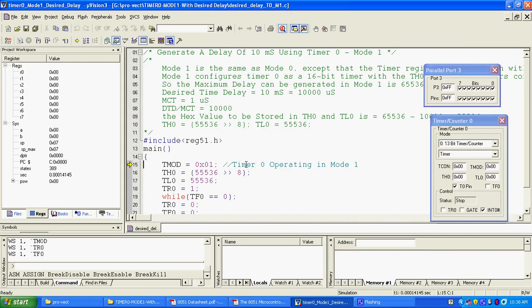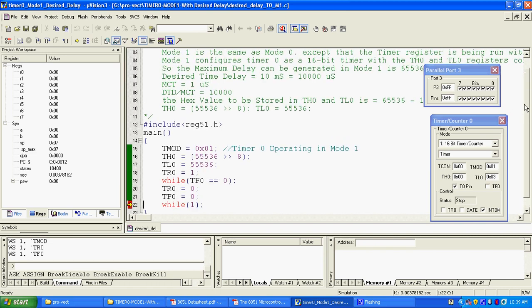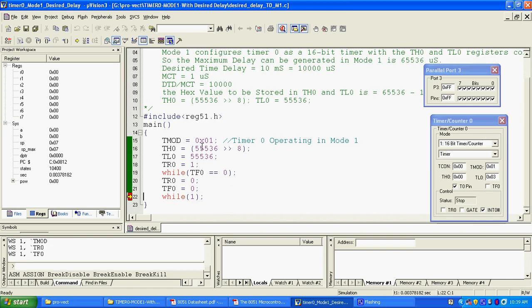Let's debug our code. This was a 13 bit timer counter. Now I am making it a 16 bit timer counter. Now I am running the program. As usual, we start with this state as 389 and now we are getting 10,400.